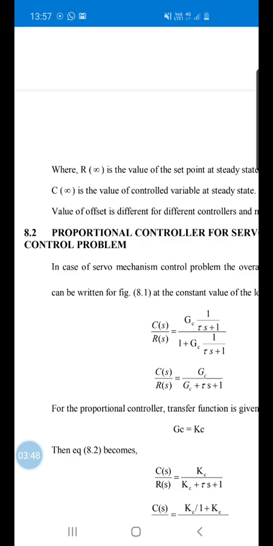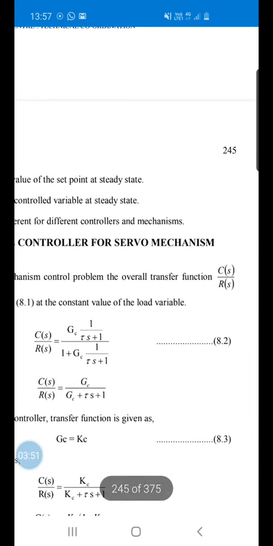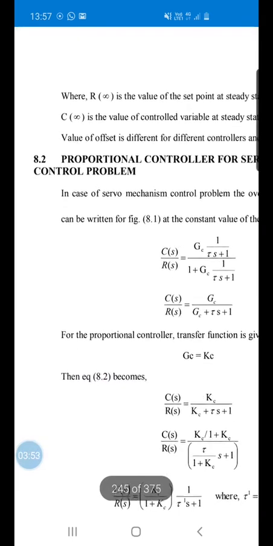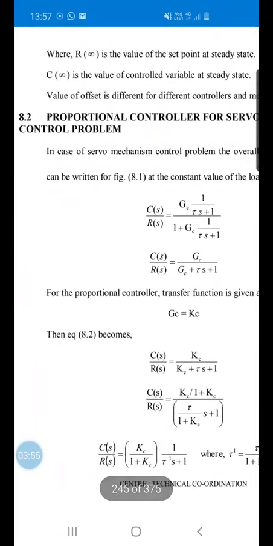First of all, we will discuss the proportional controller for servo mechanism control problem. So again you have to go to the unity feedback system. Here we are going to derive four derivations: proportional controller for servo mechanism control problem, proportional controller for regulator mechanism control problem, proportional integral controller for servo mechanism, and proportional integral for regulator mechanism.